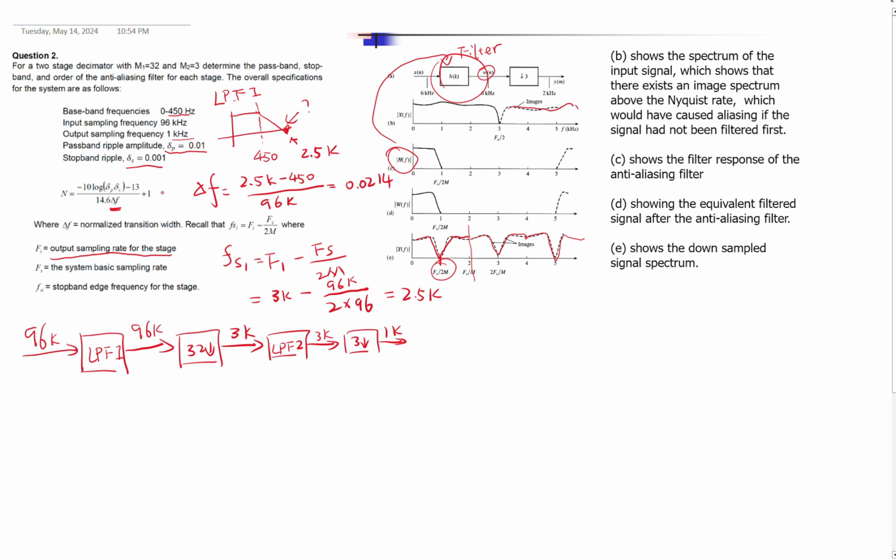So we separate this into 2 parts. Delta P hat equals 0.01 divided by 2 because there are 2 stages, which is 0.005.